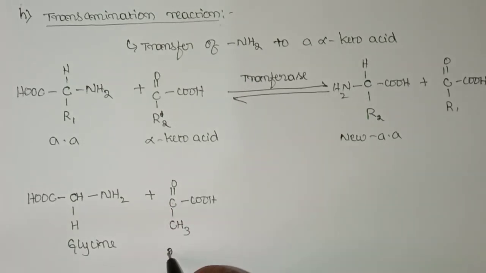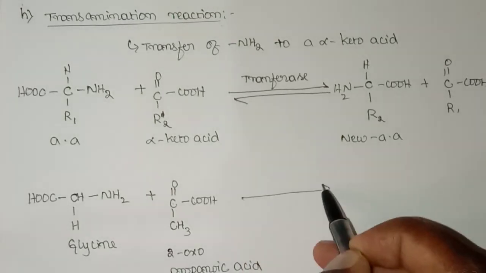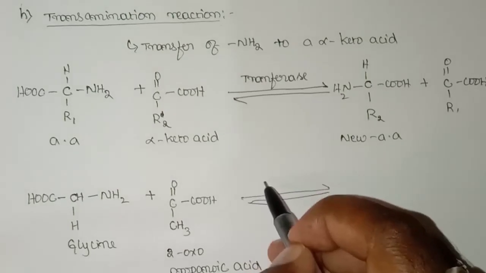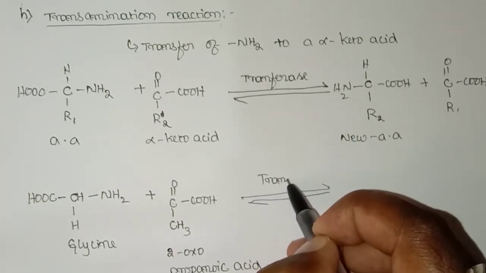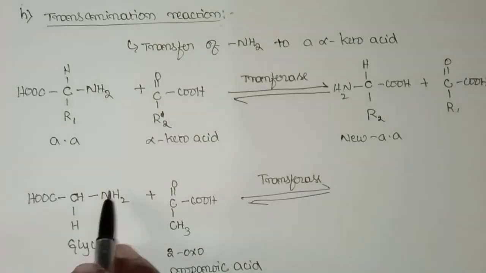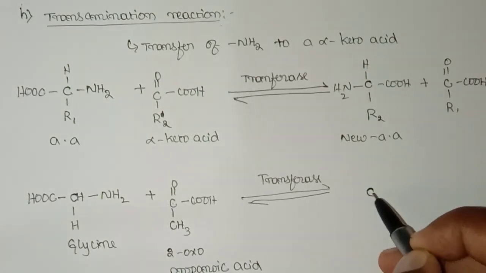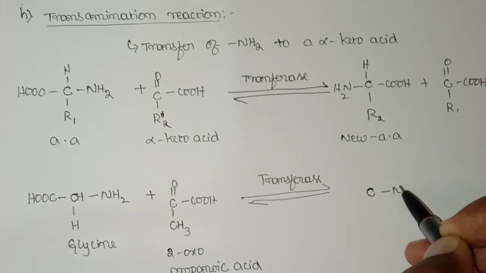This is the alpha keto acid we got, and we are reacting it with glycine in the presence of the enzyme transferase. In the presence of this enzyme, this NH2 will transfer to the 2-oxopropanoic acid, and now we shall see what the product is going to be.